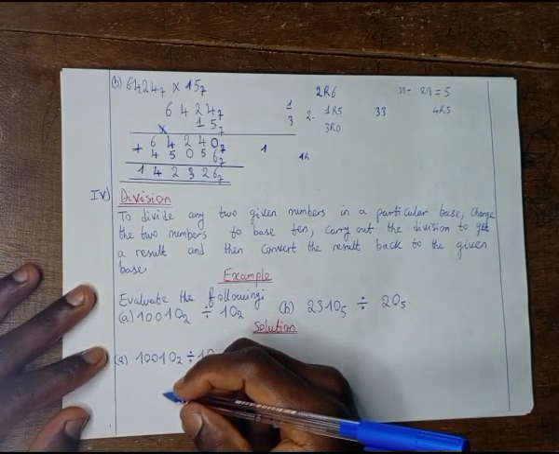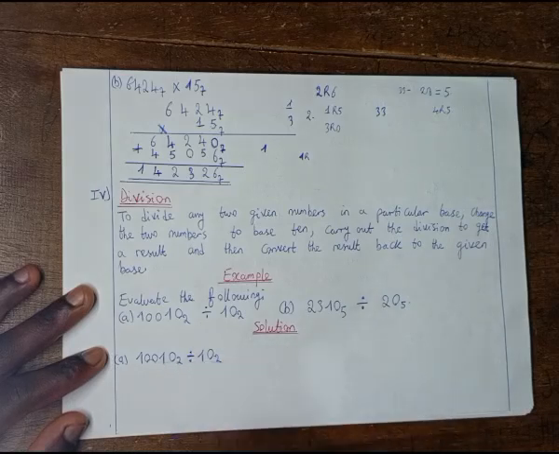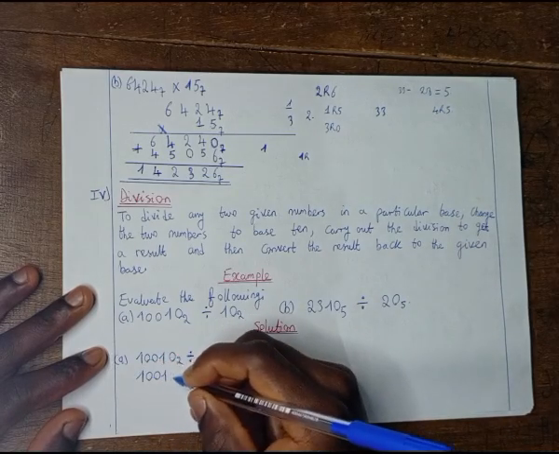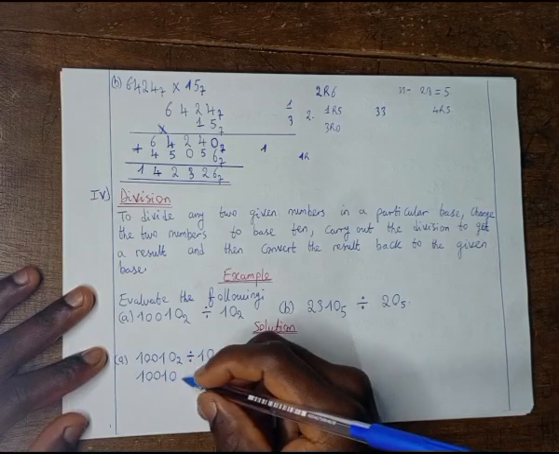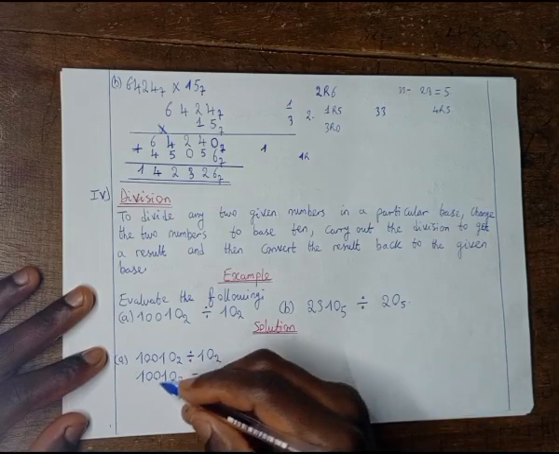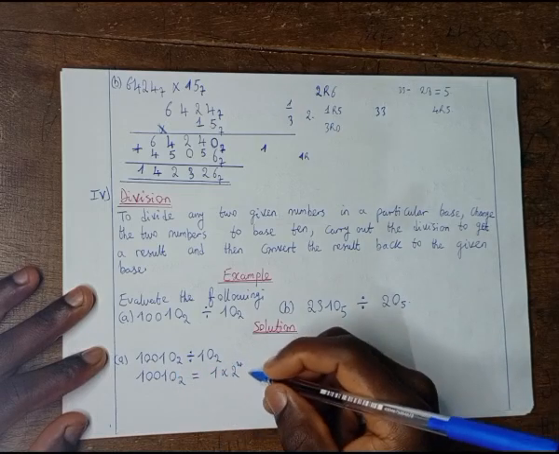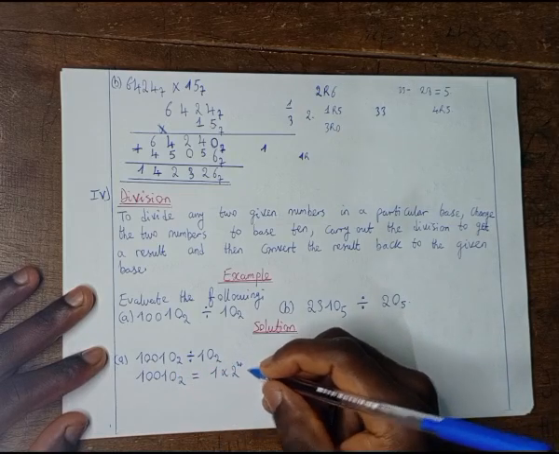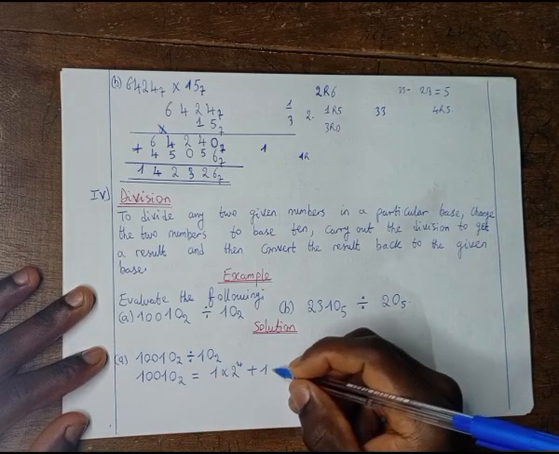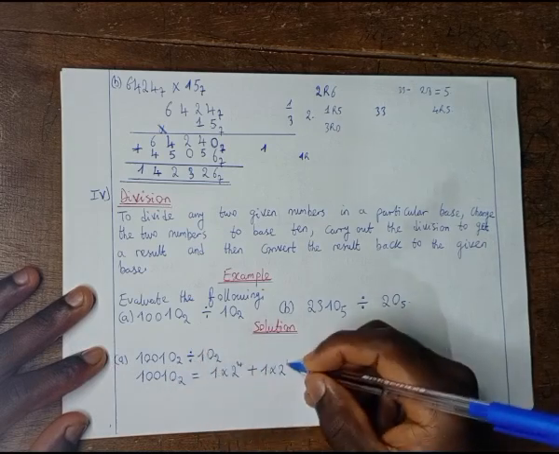First thing, we need to convert these two numbers to base 10. If you take the first one, 1, 0, 0, 1, 0 base 2 will simply be equal to 1 times 2 raised to the power 4, plus the other digits are 0, so we are going to ignore them, plus 1 times 2 raised to the power 1.